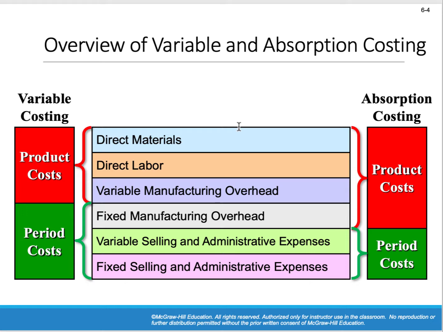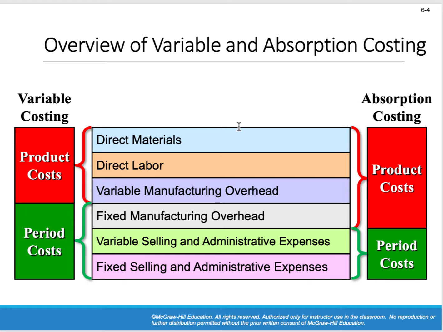To really understand the difference between these two, we need to look at period costs and product costs. We also need to think about the manufacturing and the non-manufacturing costs, and how they basically are synonyms for one another. So let's look at variable costing. Let's pump the brakes here. Before we jump into that, I want to point out one important thing.